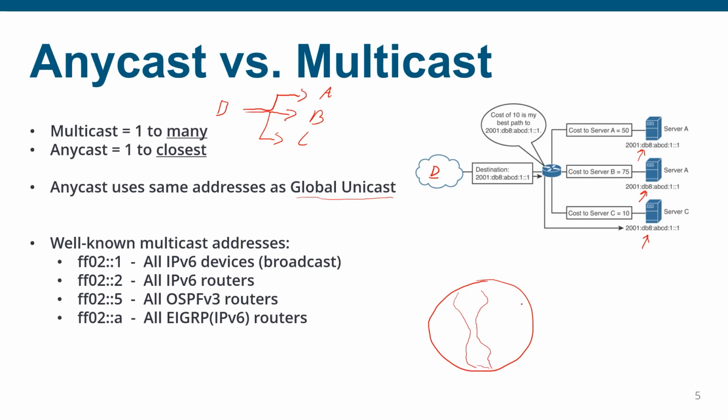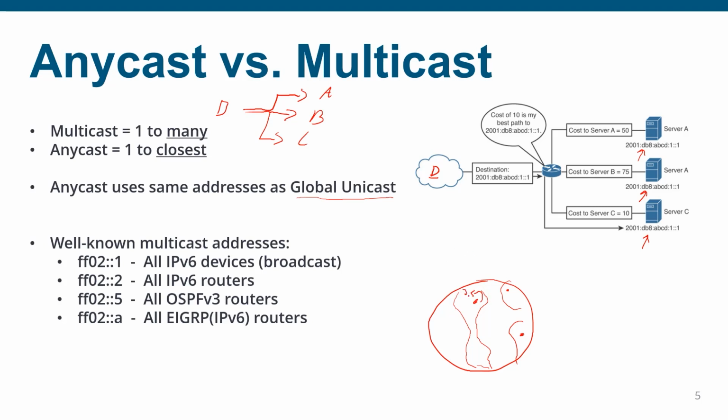Okay, say I can't draw North America, but that's North America. And there we got Europe and Africa. Say I'm over here in North America and I have a server I'm trying to access that has a presence in Canada and over in Europe and down in Africa. I sure hope that I will be directed to my Canadian server.